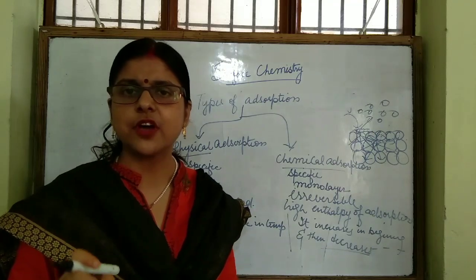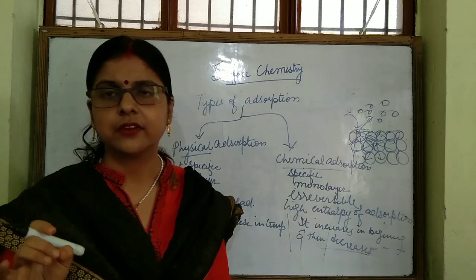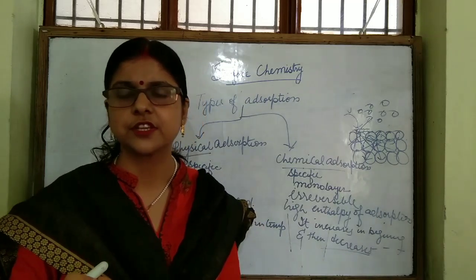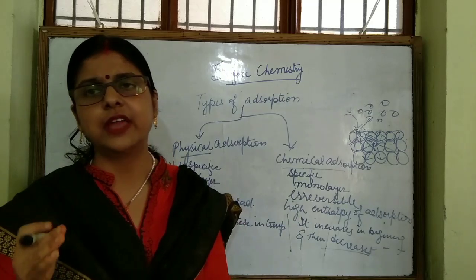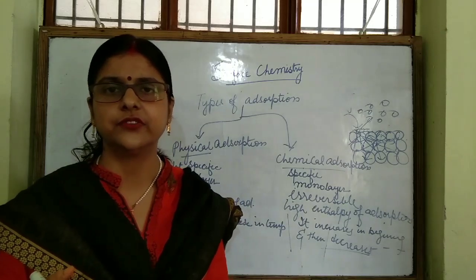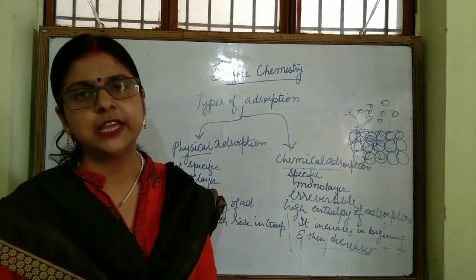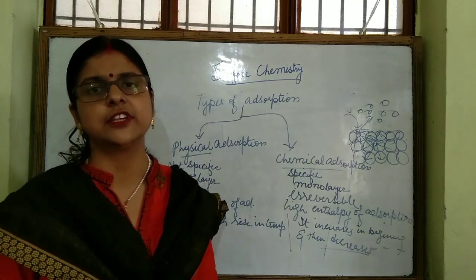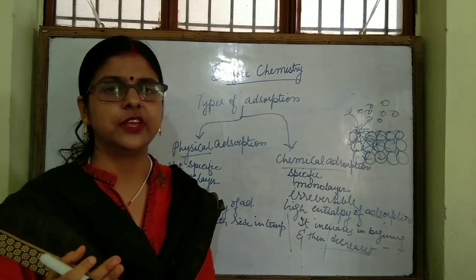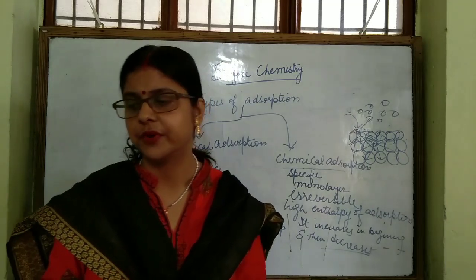In chemisorption, a chemical reaction takes place, and in a chemical reaction, energy is required as activation energy. So in the beginning, energy is required as activation energy to start the reaction. Then it decreases with the rise in temperature.